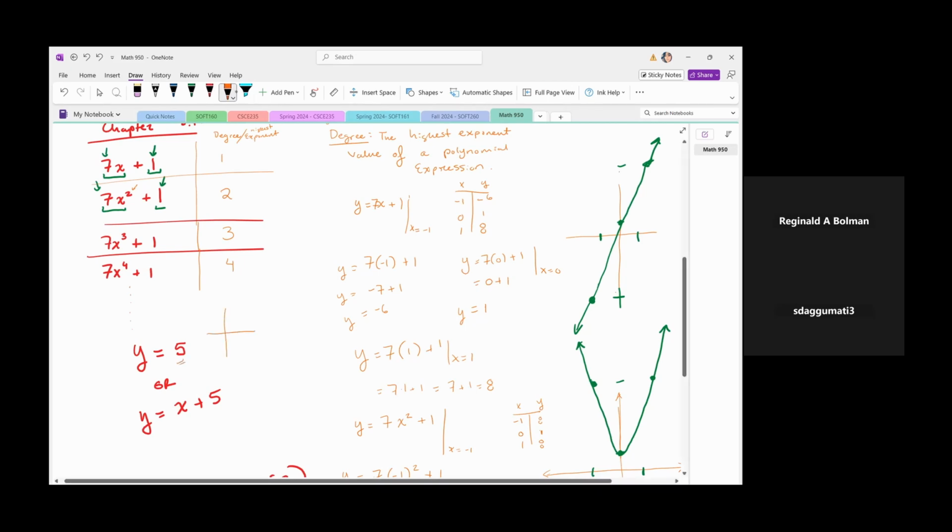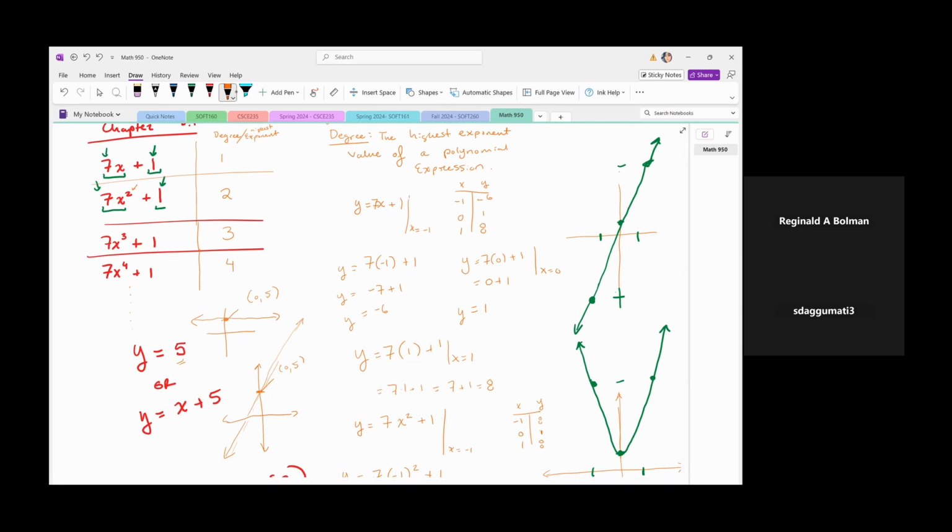This would be a straight horizontal line at the y-intercept 0, 5. Okay, if you guys remember. Whereas y is equal to x plus 5, this would be an equation where, again, at the y-intercept 0, 5, you would have a line that is going upwards diagonally. So you'd have something that looks kind of like this.